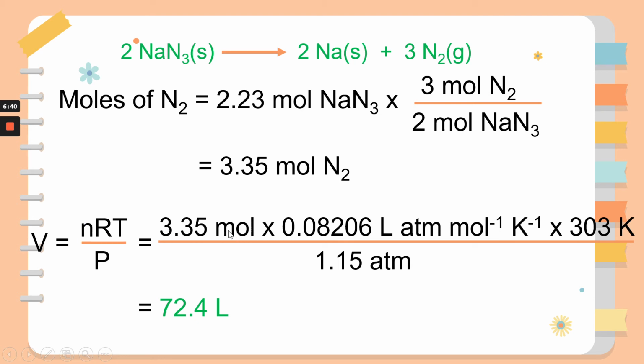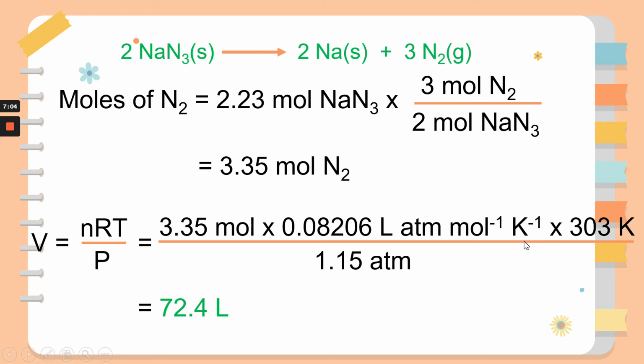For R, we use the unit liter atm per mole per Kelvin, because we have the pressure in atm and we want the volume in liter. And we also have the number of moles.